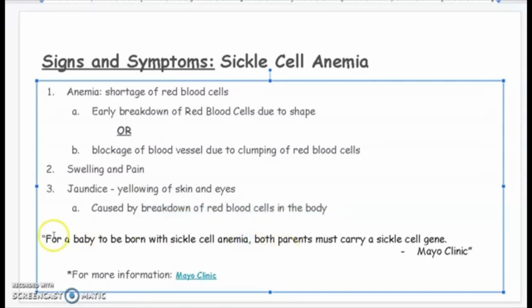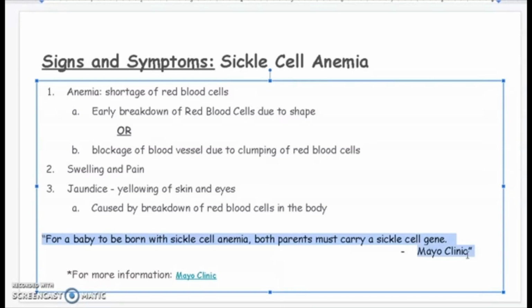And so, Mr. Koo is not telling you random stuff. According to the Mayo Clinic themselves, for a baby to be born with sickle cell anemia, both parents must carry a sickle cell gene.